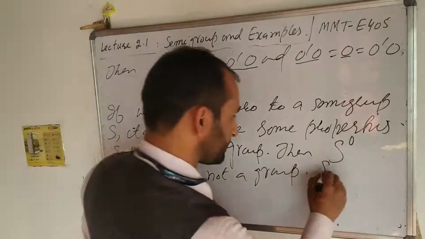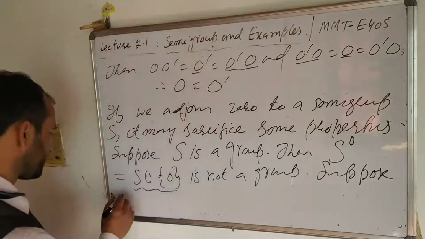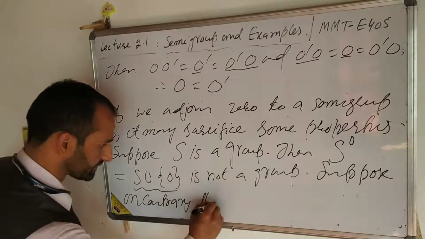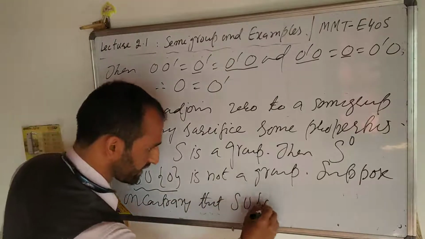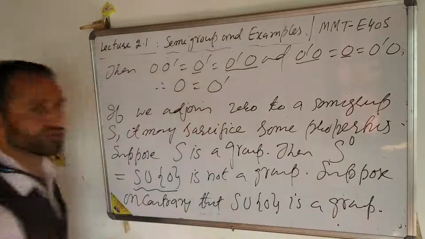So suppose, on the contrary, that S union 0 is a group.